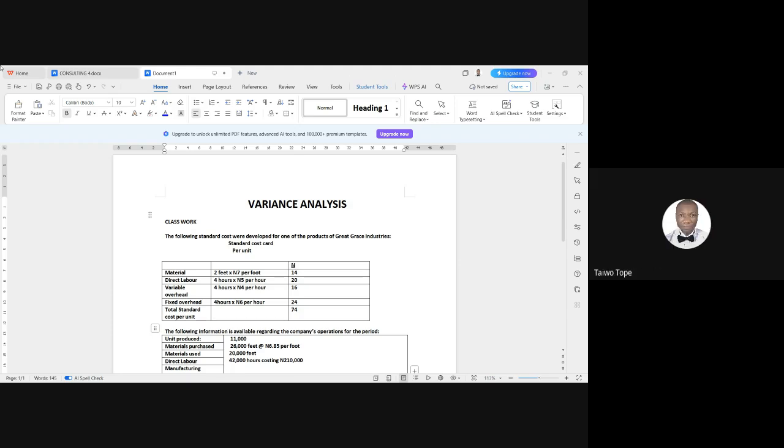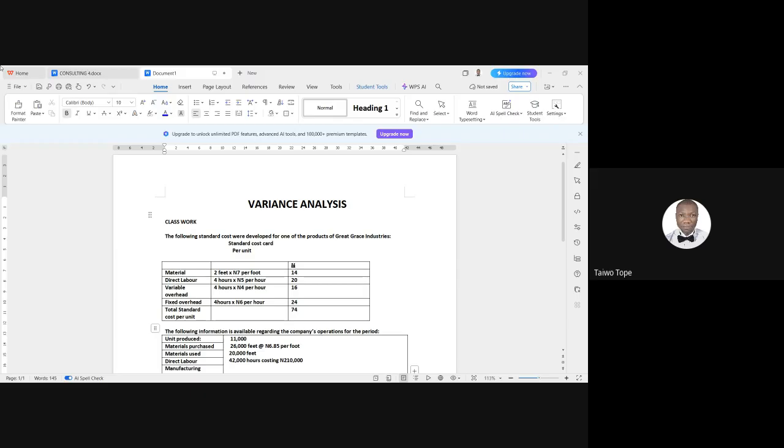I was asking what are the two variances that you can have under labor as a cost, so that when you're in the exam hall and they say calculate the relevant variances, you should know that once the variables in the question point to labor, these are the variances that you should come up with: labor rate variance and labor efficiency variance.